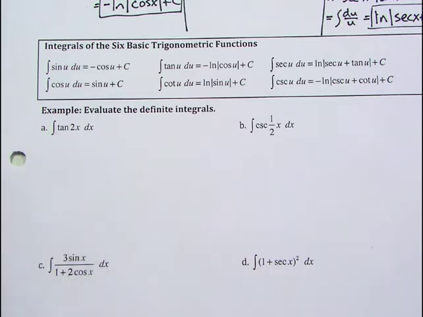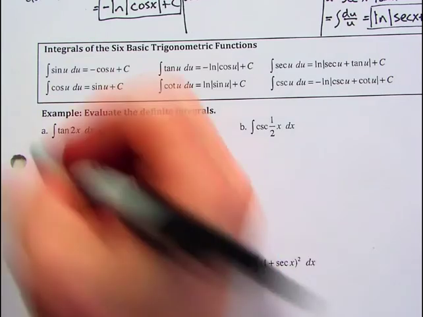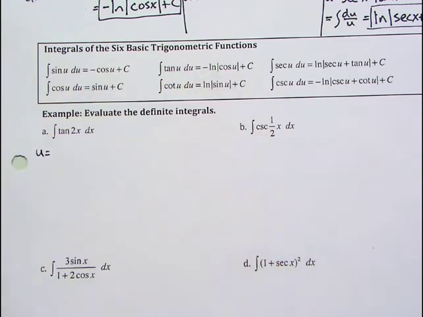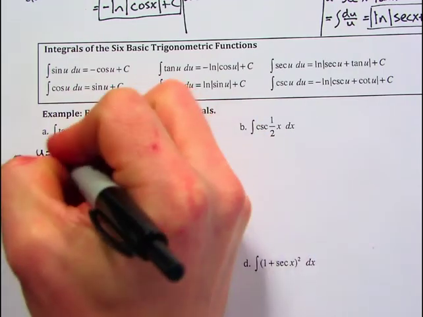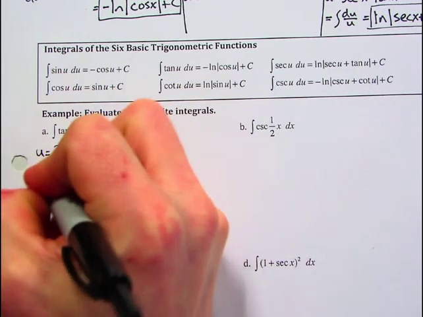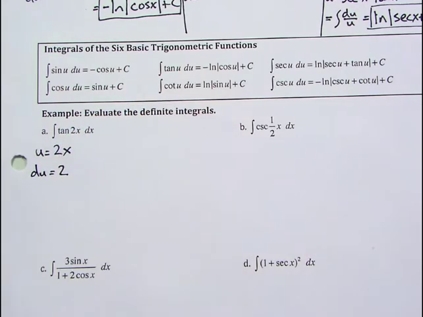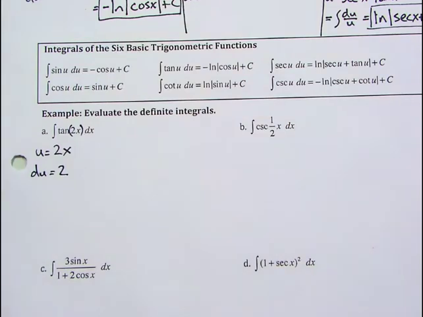So let's go ahead and do some of these examples, shall we? We have the integral of tangent 2x. To be able to do this, if it was just tan x, we'd be fine. But because we have tangent of 2x, we're going to let u equal 2x and du equal 2 dx.